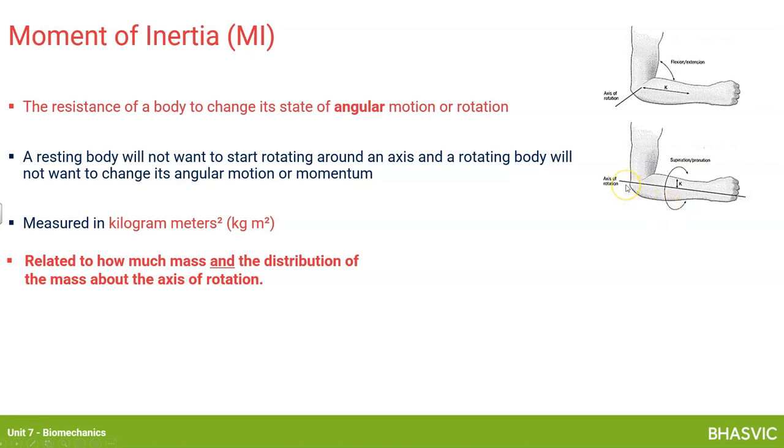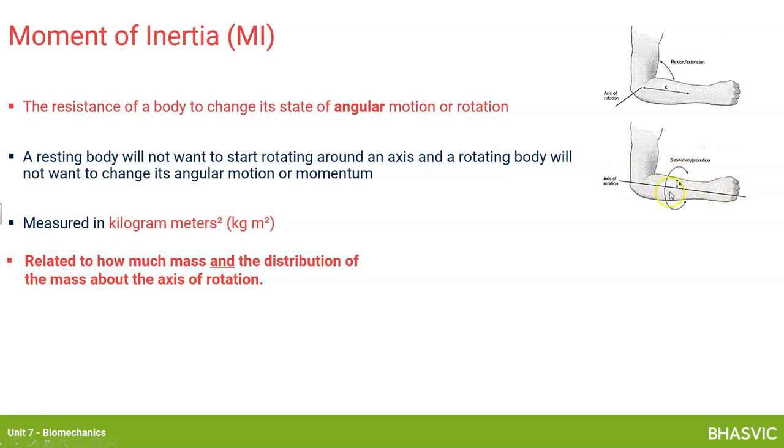If we look at the radial ulnar joint, where we do supination and pronation, the axis of rotation here is along our forearm, along our radius and ulna, and would be the longitudinal axis. So what we can see hopefully is that K here represents the distribution of the forearm away from this point of rotation, this axis, and it's a tiny distribution.